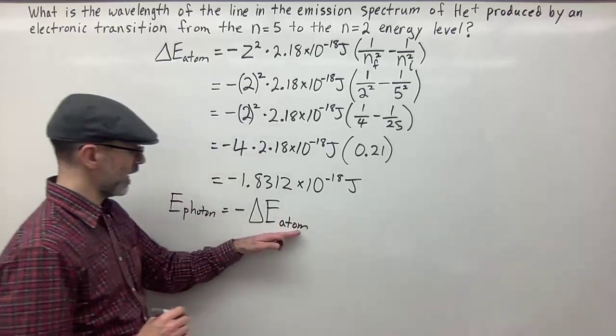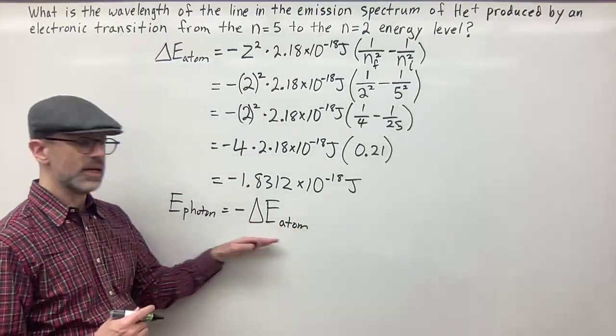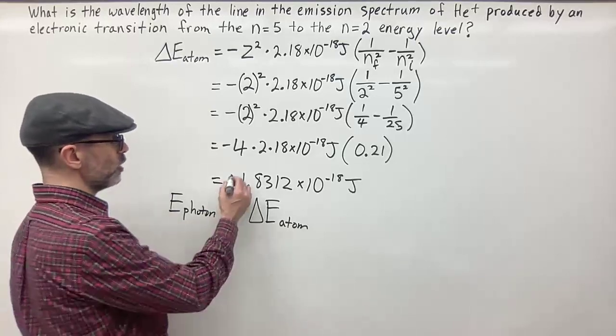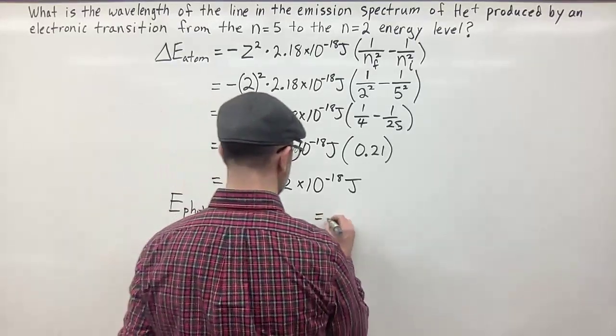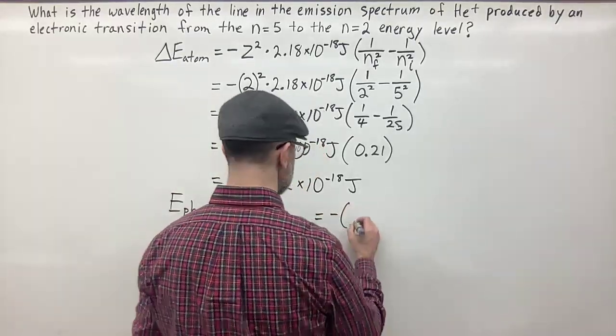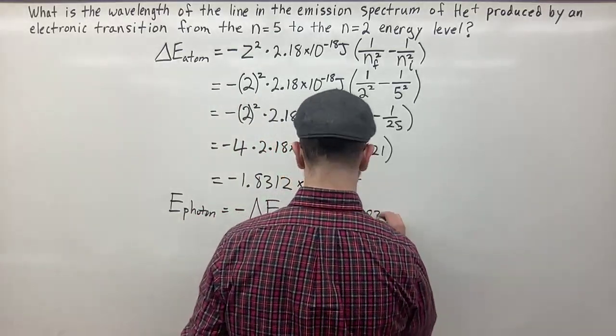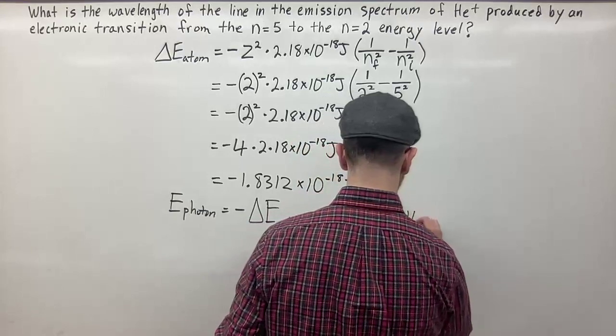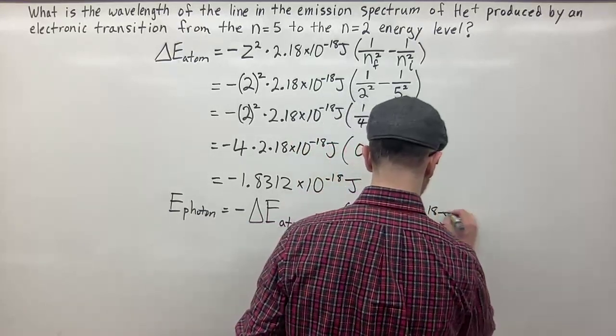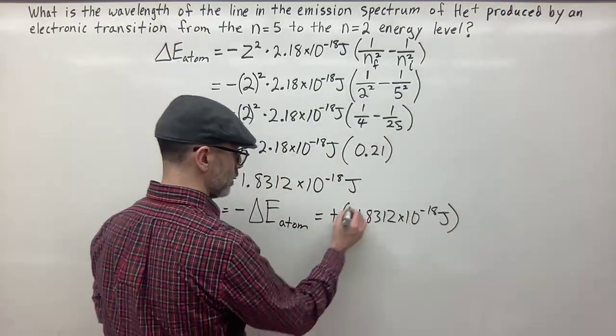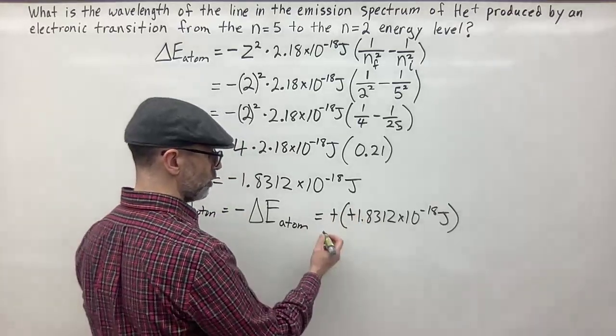Whatever the atom's energy change is, we have a minus here. So that's going to be equal to minus, and then minus the 1.8312 times 10 to the negative 18 joules. A minus and a minus is a plus when you multiply those.